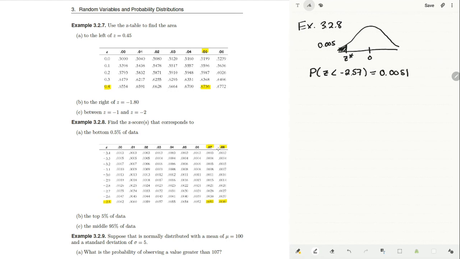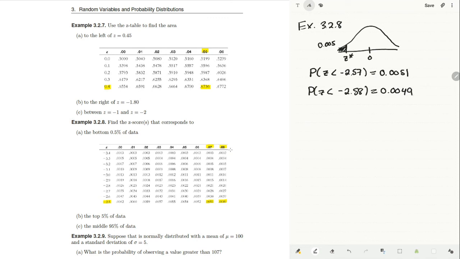Now the z-score corresponding to 0.0049 is negative 2.58. And so the area to the left of negative 2.58 is 0.0049.